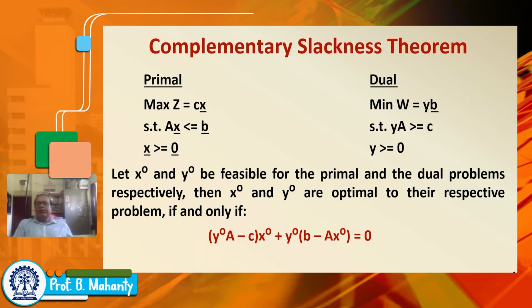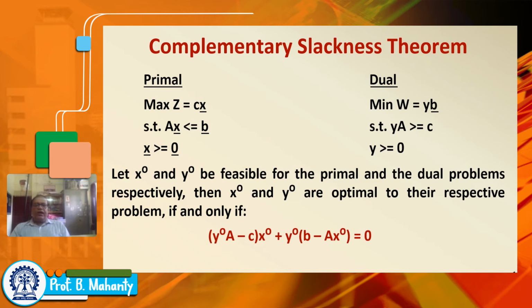But let us now come to the most important topic of our discussion today, which is known as the complementary slackness theorem. The complementary slackness theorem essentially states in this manner, which is slightly complicated to understand: let x0 and y0 be feasible for the primal and the dual problems respectively.